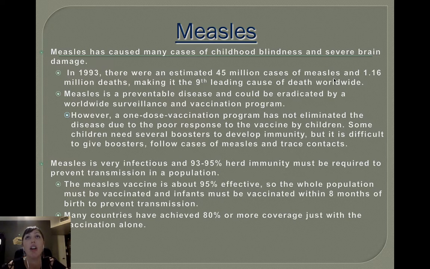And that's why herd immunity is so important, because if that student next to you had gotten vaccinated, then the chance of you getting it, even though you need that booster, drastically decreases, right? So that's why vaccinations are so important. And they're really responsible for our livelihood and the quality of life that we enjoy.